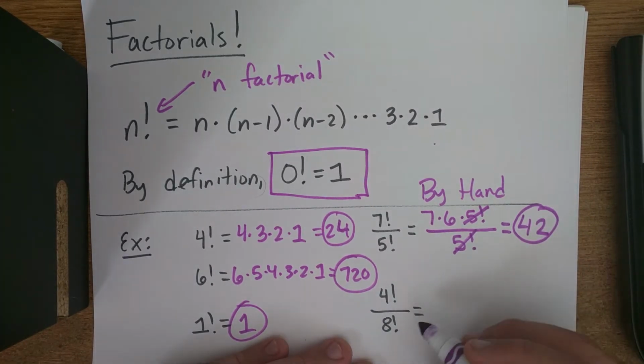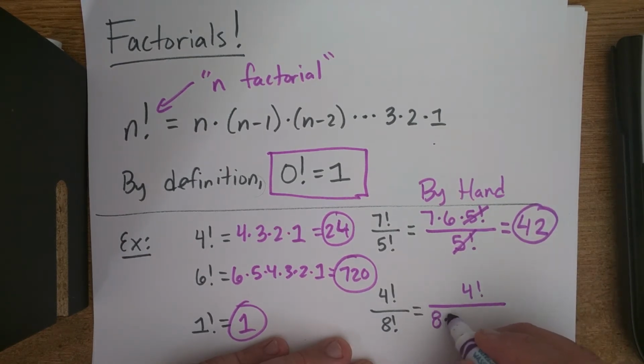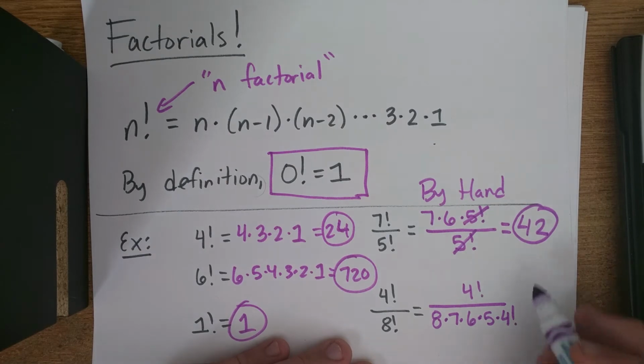Let's try that again. Now, the bigger factorial is on the bottom of the fraction, in the denominator. So I keep 4 factorial on top as it is, but I'm going to expand the bottom into 8 times 7 times 6 times 5 times 4 factorial. And see, if I stop here, I can cancel these out. Now, what do we have left?